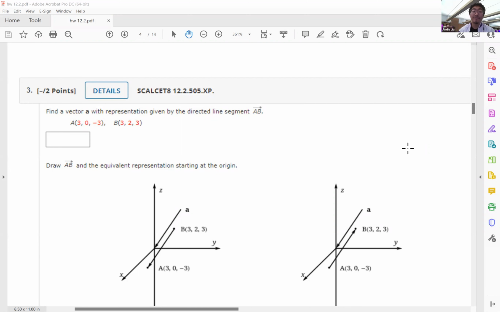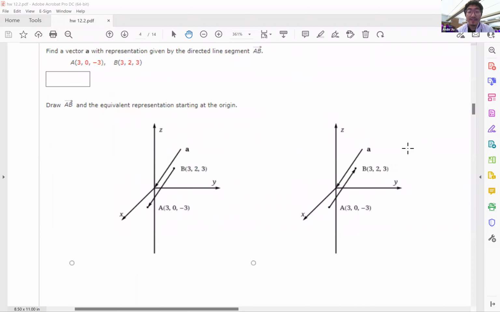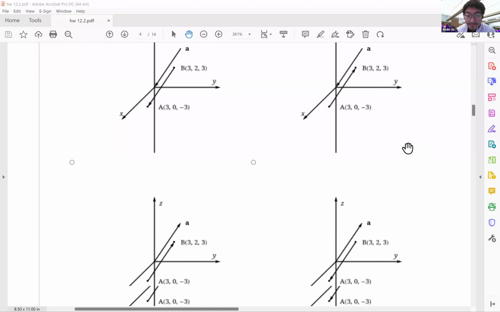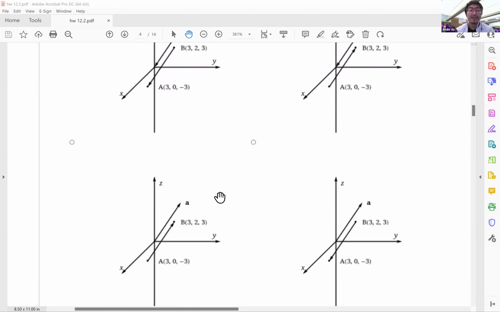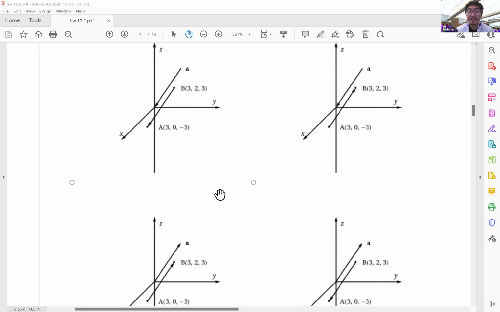This is the new vector. 0 for x, y is 2, z is 6. Here's x, y, z. The axis is going to be z, it is 6.